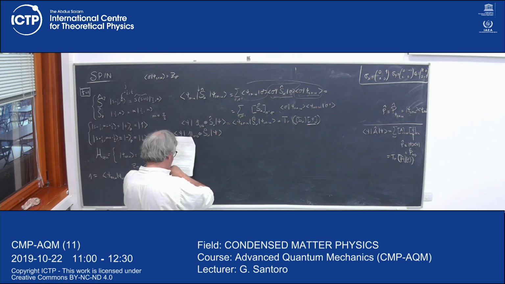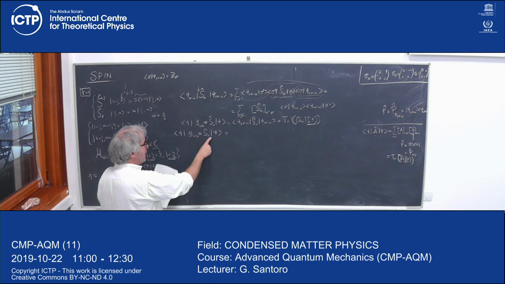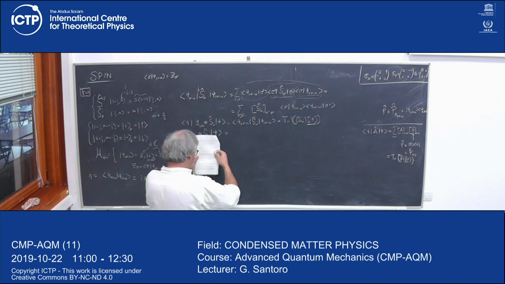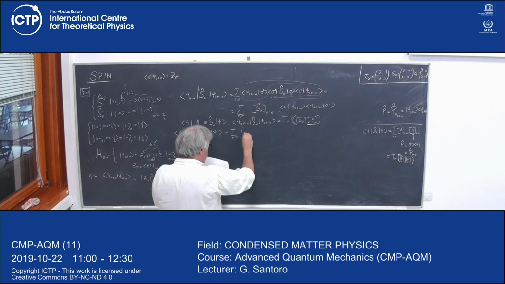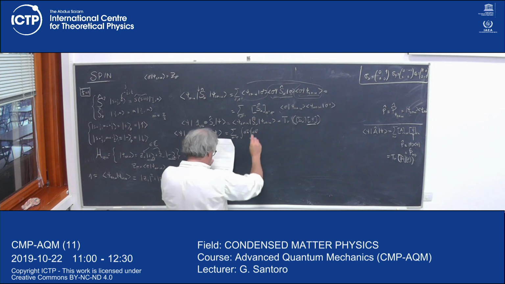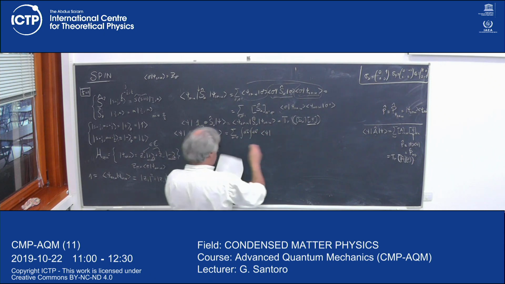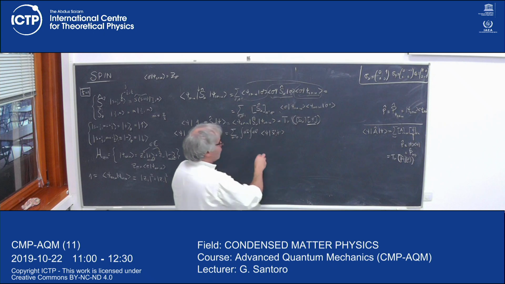Now let me insert identities here and here. The identities are made by, well, I write it and you will realize what they are made of. Sum over sigma and sigma prime, integral over dx prime and over dx. Then I have psi here. Then I have x prime, sigma prime. This is the product state that I was discussing before.